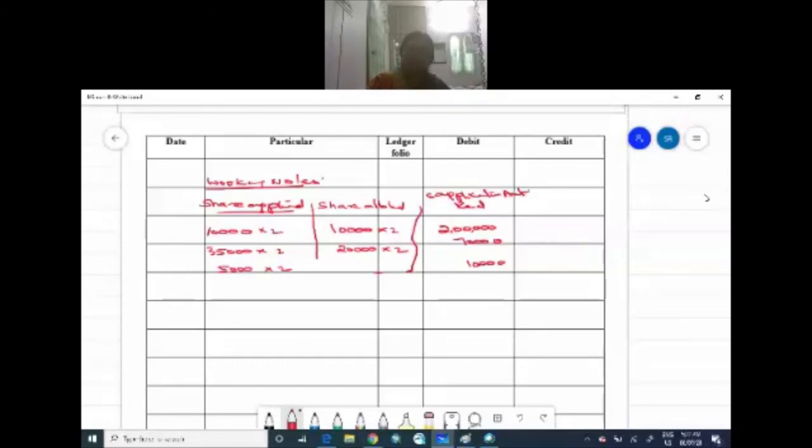Now next you're going to go to appropriation on allotment money. So that is how much? Now here it is not, sorry, you have to cut off 1 zero. 10,000 into 2 is only 20,000. 2 lakhs, 20,000. So how much is the appropriation amount? 20,000. And then you have 40,000.